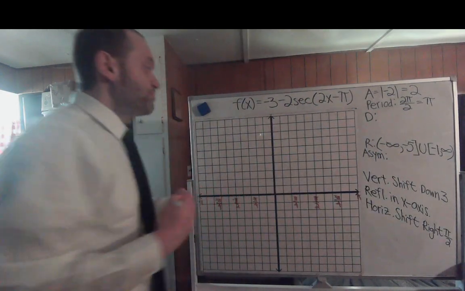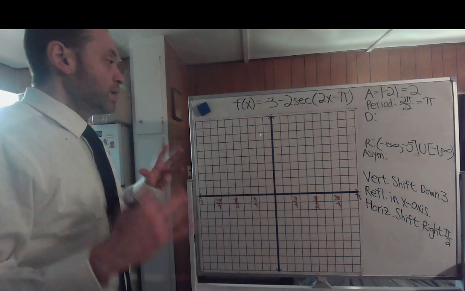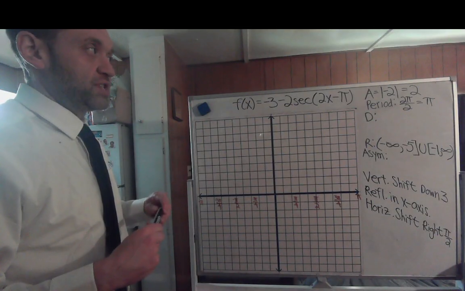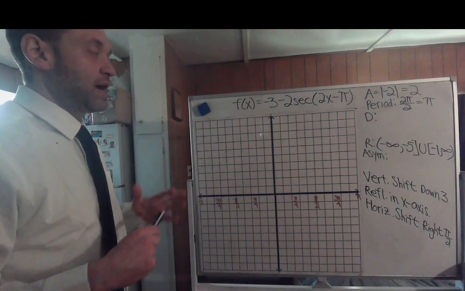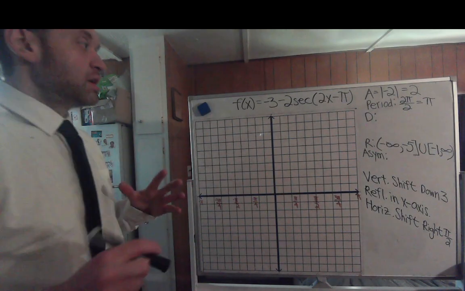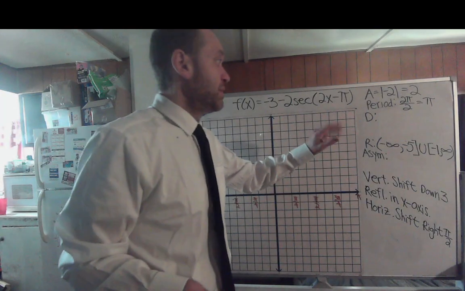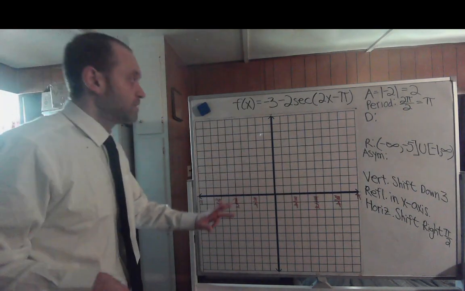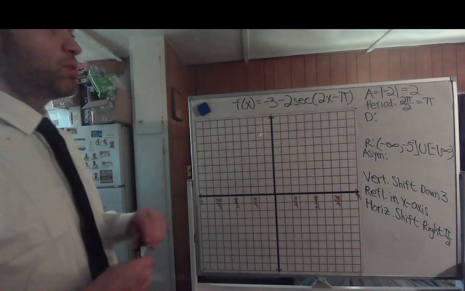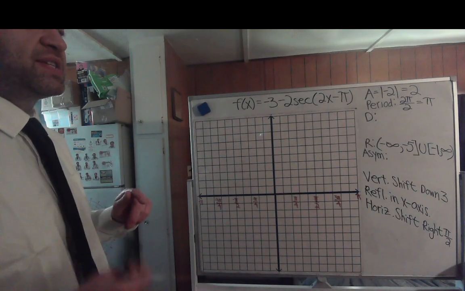Okay, so we have a couple factors here actually working against our asymptotes and our domain. Let's just base it off the period first. What are your normal asymptotes for the secant?